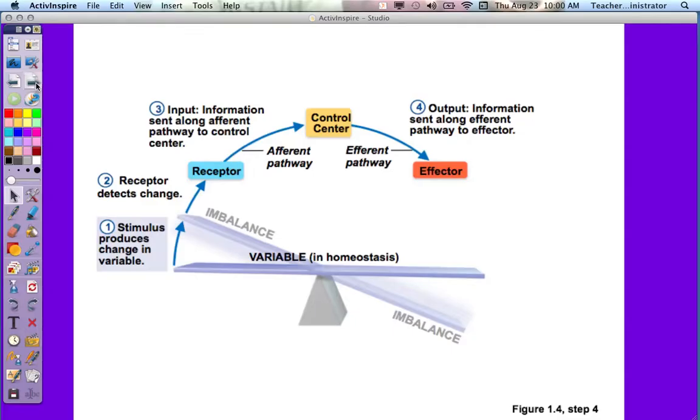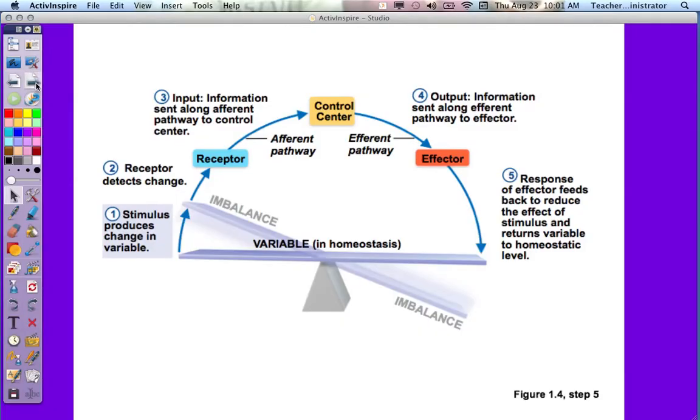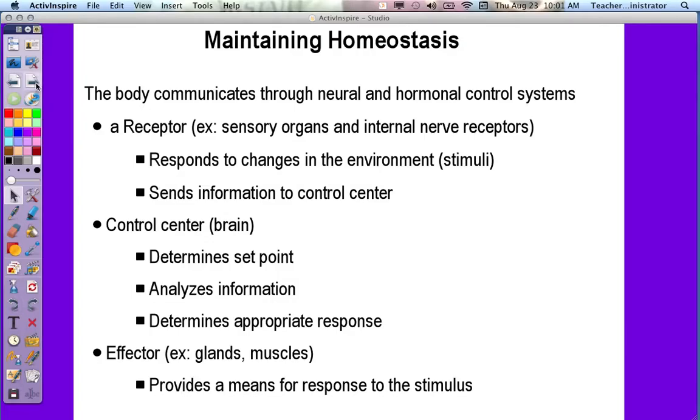The brain's then going to decide what to do, and it's going to send out information along what's called the efferent pathway to the effector organ, or the organ that can actually respond to the stimulus. It can carry out the response. And so finally you get the response of the effector, and it's going to reduce the effect of that stimulus and return the variable back to the homeostatic level. That's the normal situation.